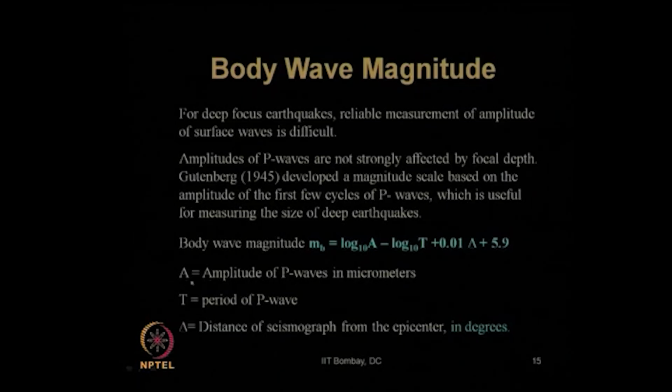So, here also the unit is micrometer, and capital T is the time period of the P wave. And this delta is the distance of the seismograph from the epicenter in degrees, as we have used earlier also. Knowing these parameters, one can easily estimate the body wave magnitude.